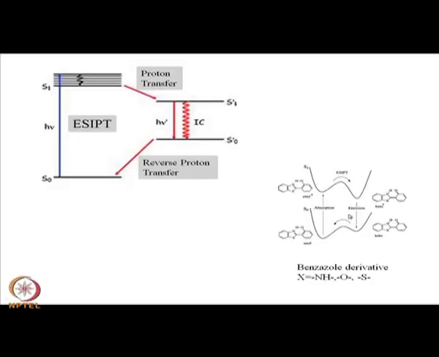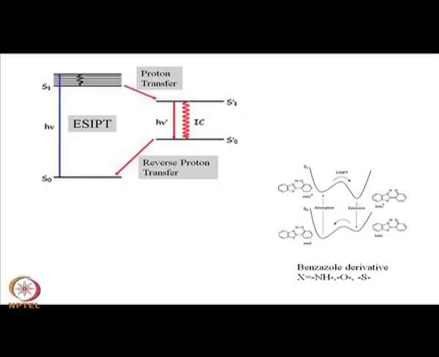So, depending on the slowness or the fastness of the process, since it is an intramolecular process, generally this transfer process is fast. Depending on the time scale of observation, if you can go to a much faster time scale and the process is very fast, then maybe you can see the rise or the growth of this excited ensemble of keto.